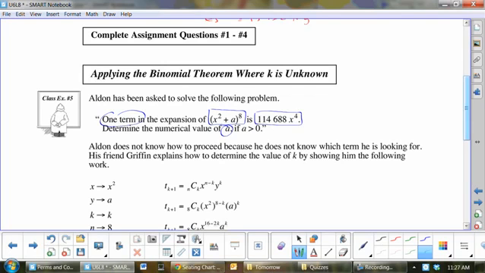Well, a is a numerical value. A is a number in this one. Okay, very good observation. And a has to be greater than 0. Okay, so where do you start?